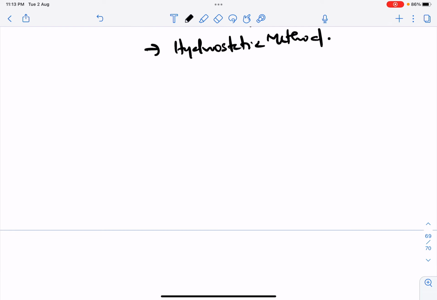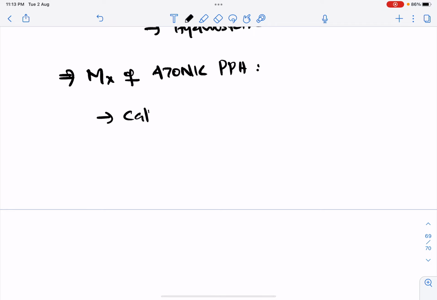Now moving on to the most common cause of primary PPH, that is the management of atonic PPH. The first step is to call for help. When you encounter a case of atonic PPH, you have to call for help. Then go for symptomatic management, which includes two wide bore IV cannulas.